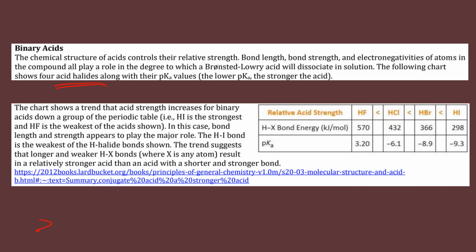The shorter the bond, the greater the attraction, the less likely it is to ionize. Remember that atomic radius increases as you go down a family or group: fluorine, chlorine, bromine, iodine. Iodine has the longest bond length and largest atomic radius, so it's more likely to dissociate.